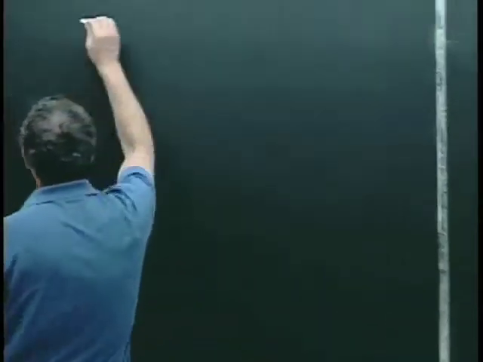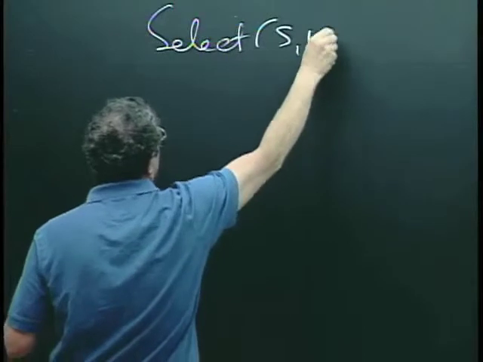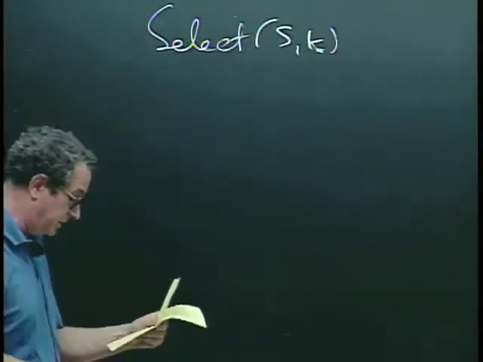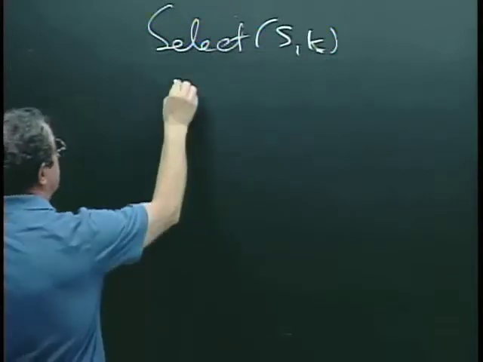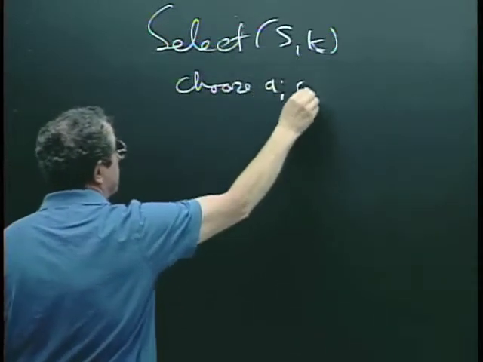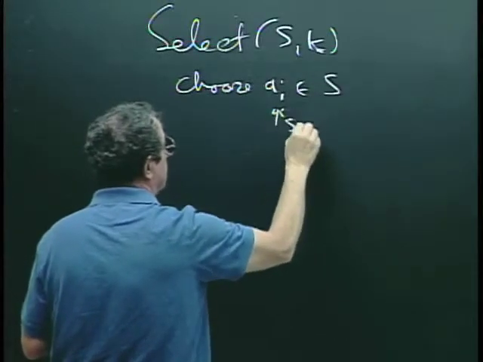Okay, so we had select S, k, which means to find the kth smallest element in a set S. The algorithm was to choose just some element of S, a_i, which I called the splitter.